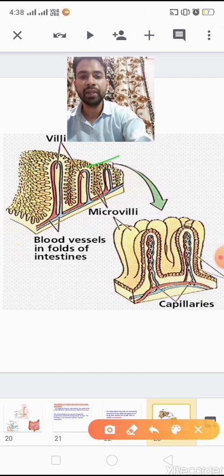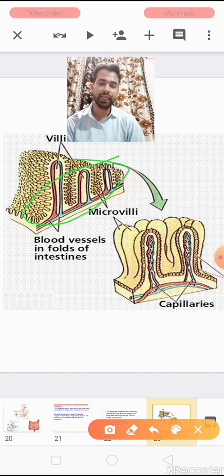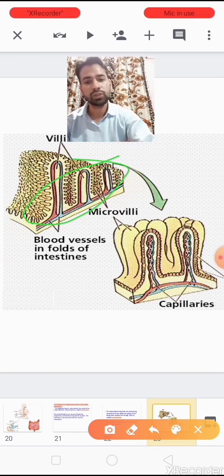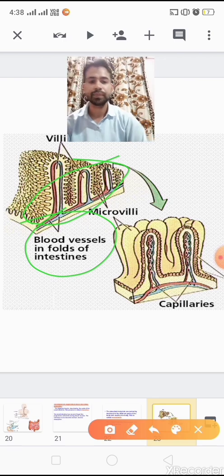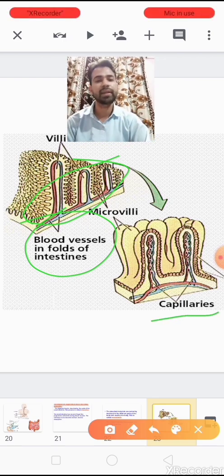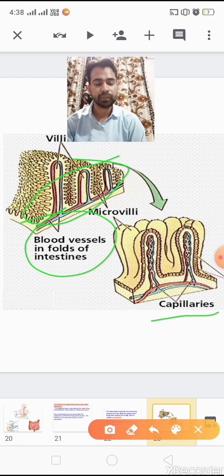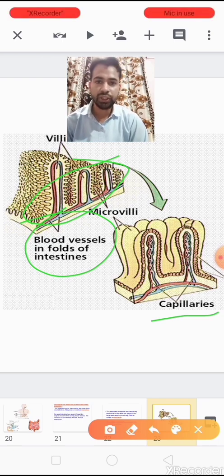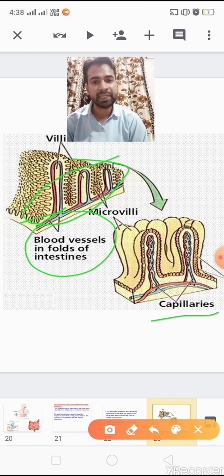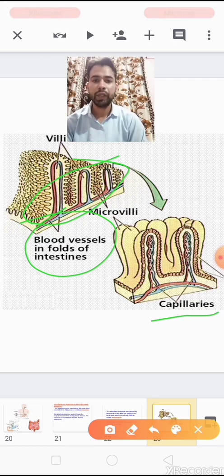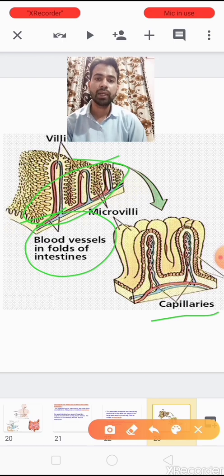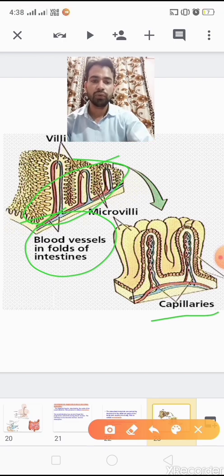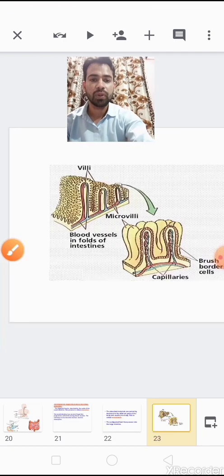These are found in the small intestine and also have blood vessels, that is capillaries. So villi are the structures found in the small intestine that play an important role in the absorption of food.